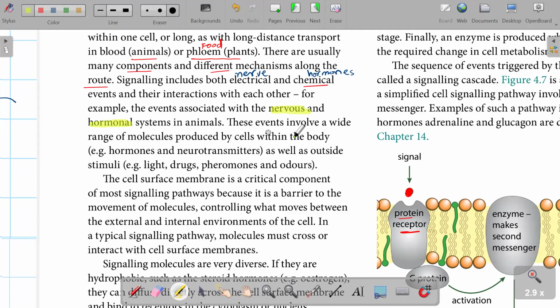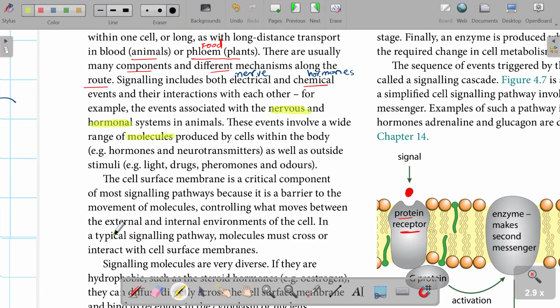In animals, these events involve a wide range of molecules produced by the cells within the body. Whenever there is a hormonal response or a nervous response, your body will release a range of molecules associated with those cells to proceed with the nervous response or the hormonal response. These molecules act like carriers to move that particular signal to a specific position.